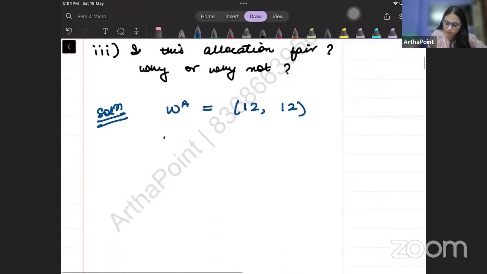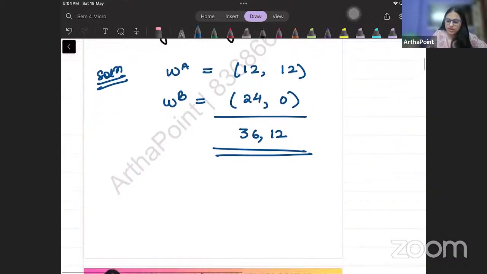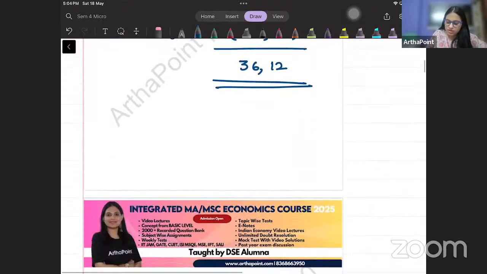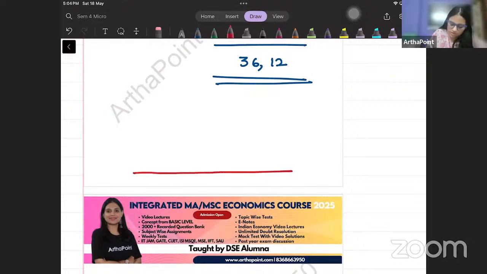And the endowment of individual B is given to you as 24 units of X and 0 units of good Y. So if I add this together, I will get 36, 12. So if I were to plot the Edgeworth box, how will I get it, beta? The Edgeworth box will be something like this: here I will have 36, here I will be having 12.